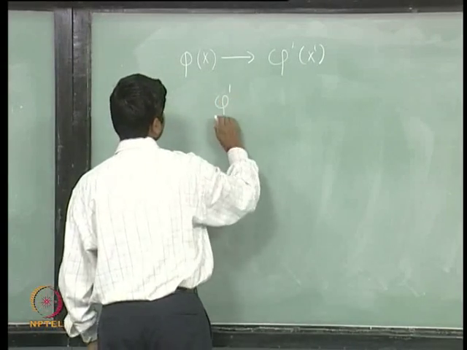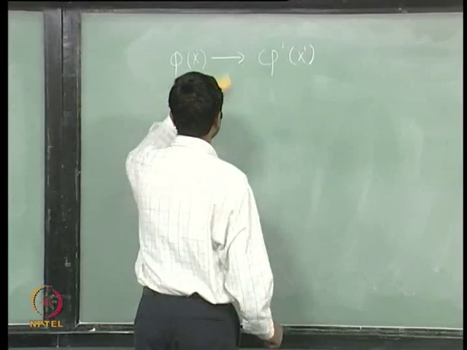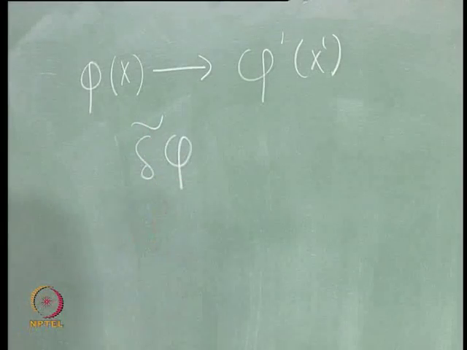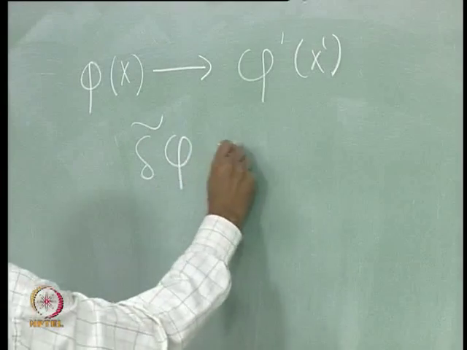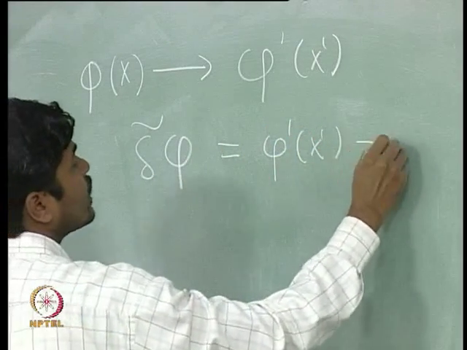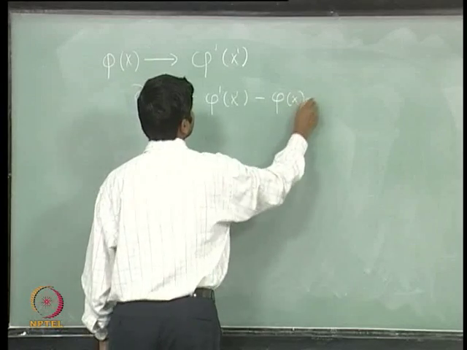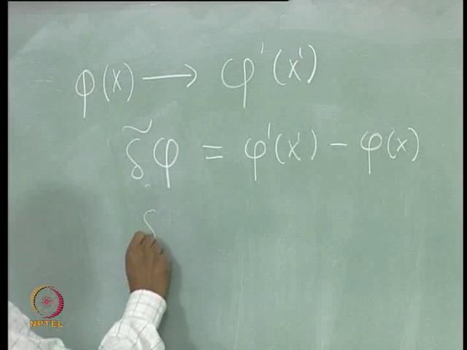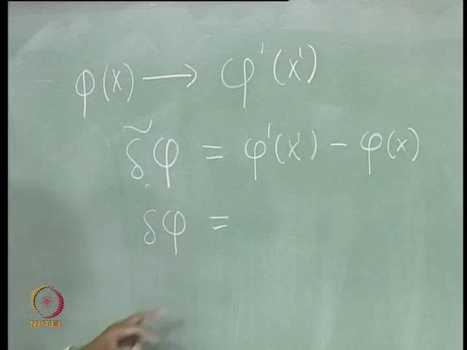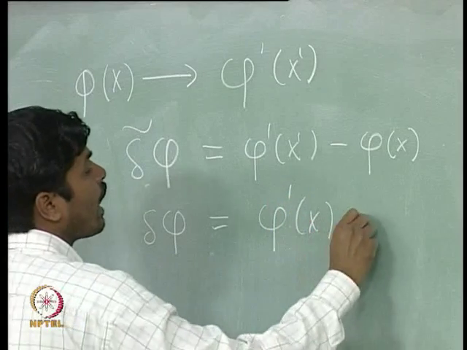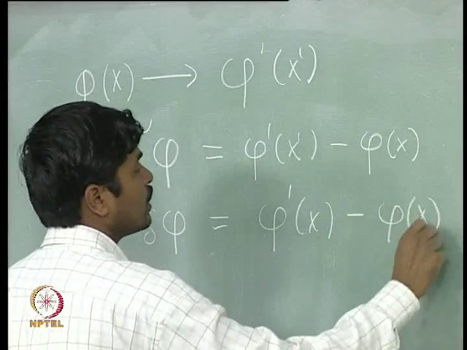We will introduce some variation which I will call delta tilde of phi, which I will define to be phi prime of x prime minus phi of x, in order to distinguish this from the variation delta of phi which I have introduced earlier, which is phi prime of x minus phi of x.